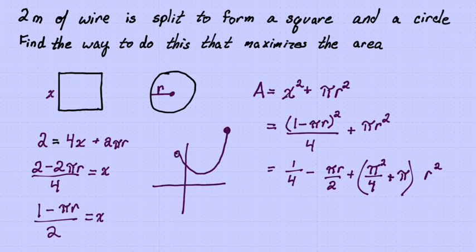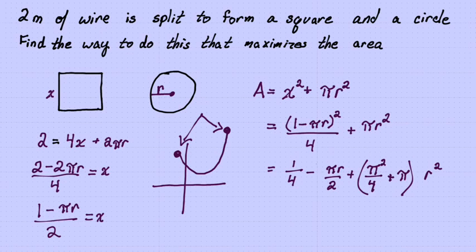And since we're trying to maximize the area, the maximum is not going to happen when this derivative is equal to 0. It's going to happen at one of the endpoints. Does that make sense? So if at this point you went through the process of taking the derivative, setting it equal to 0, and solving, you would have done a lot of work and made yourself sad for no reason.